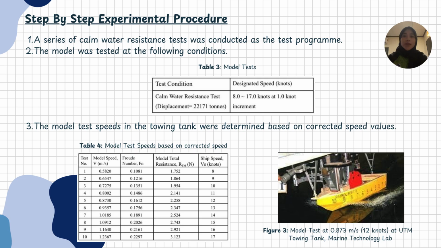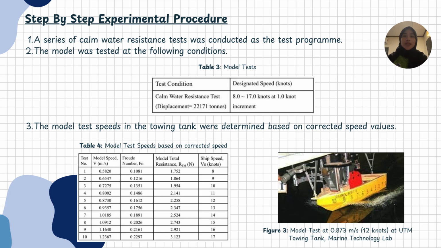Third, the model test speeds in the towing tank were determined based on corrected speed values ranging from 0.580 to 1.2367 meters per second, with Froude numbers from 0.1081 to 0.2297, ship speeds from 8 to 70 knots, and model total resistance from 1.752 to 3.123 newtons.